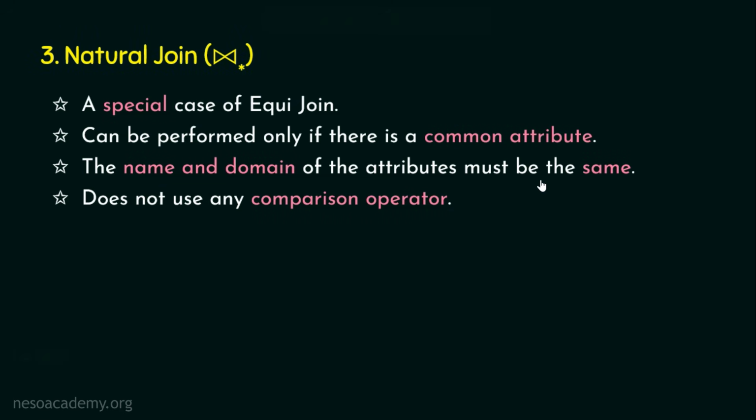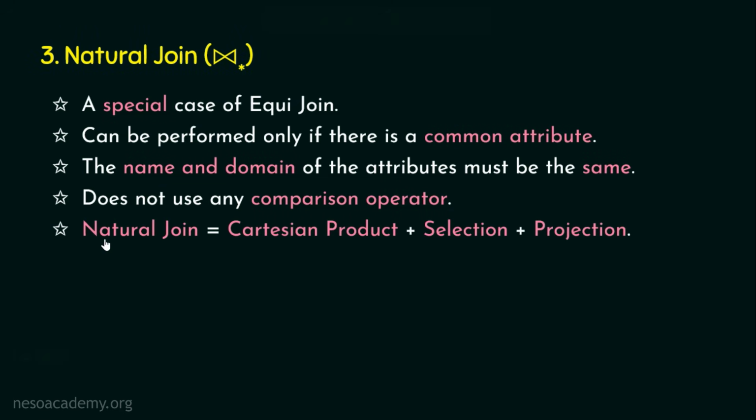So what does natural join mean? This natural join basically is the Cartesian product along with the selection, along with the projection. Just perform the Cartesian product to get all combination rows, then apply the selection and just project whatever attributes you want. So the only difference between this natural join when you compare with the other joins, where basically the selection is applied on the Cartesian product, is that this natural join uses projection.